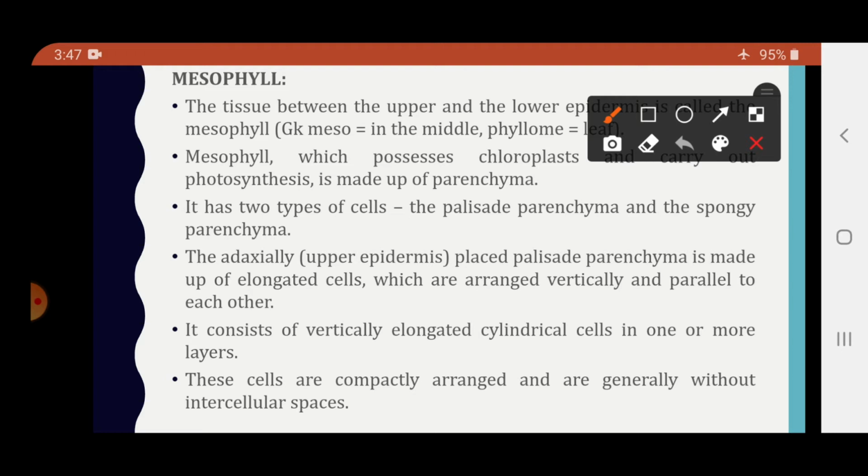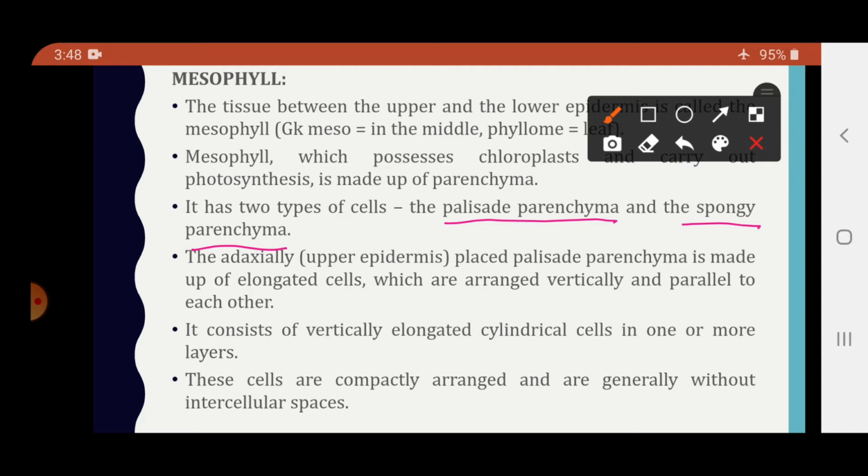Which are those two? One is the palisade parenchyma and another one is the spongy parenchyma. So the mesophyll tissue of the dicot leaf is made up of these two types of cells.